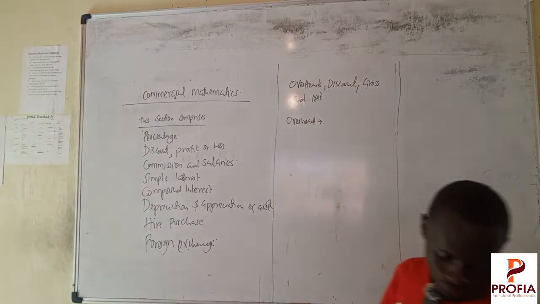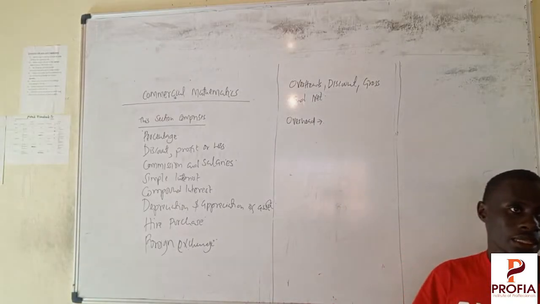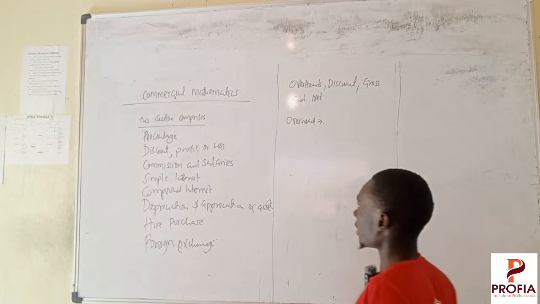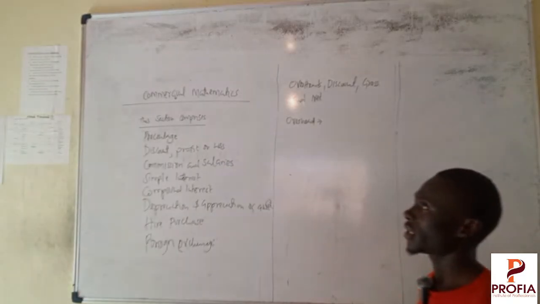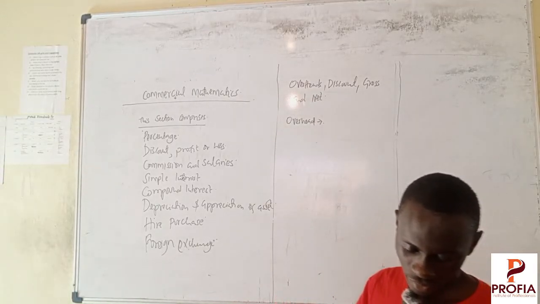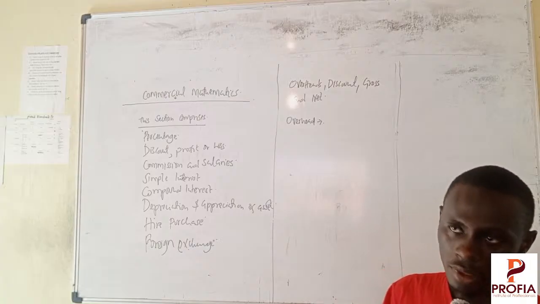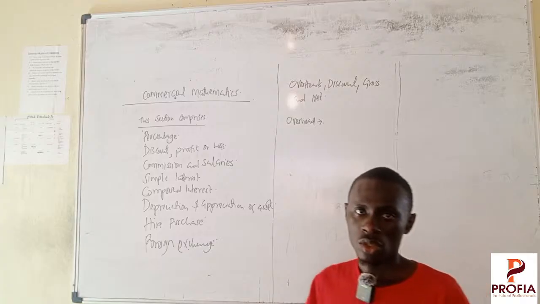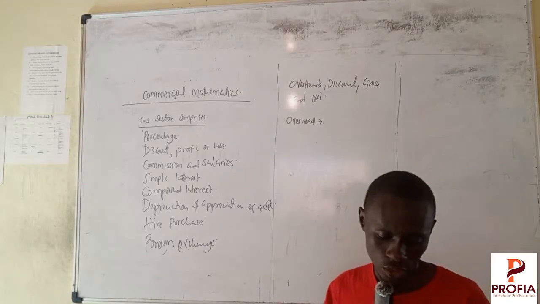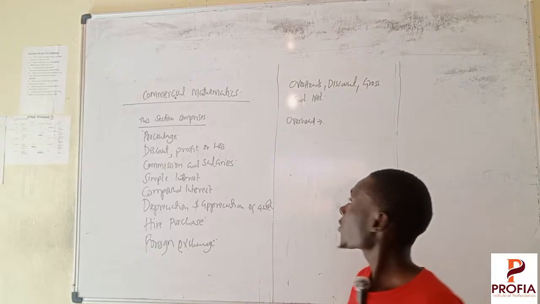Overhead is the additional cost which is added to the cost price of an item purchased to arrive at a new cost price. That is the definition of overhead.